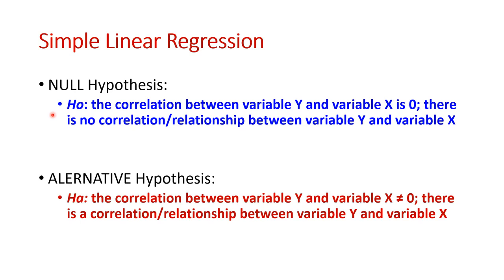The alternative hypothesis, or HA, is that the correlation between variable y and variable x is not equal to 0, or that there is a correlation or relationship between variable y and variable x.